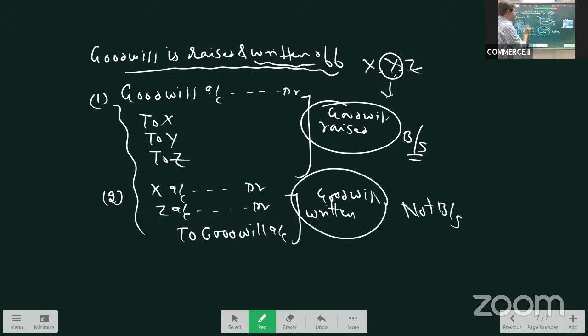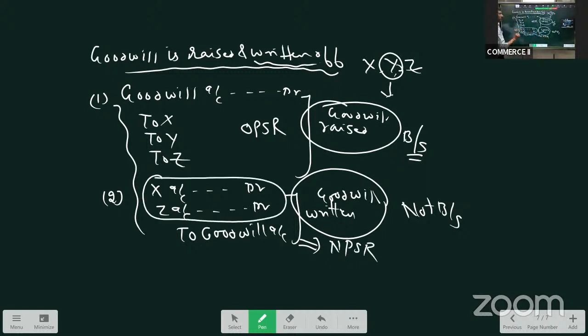When goodwill is raised, it is done in the old profit sharing ratio, and when goodwill is written off, it is done in the new profit sharing ratio. It is raised and credited to all partners of the firm, and when it is written off, debited only to the continuing partners.